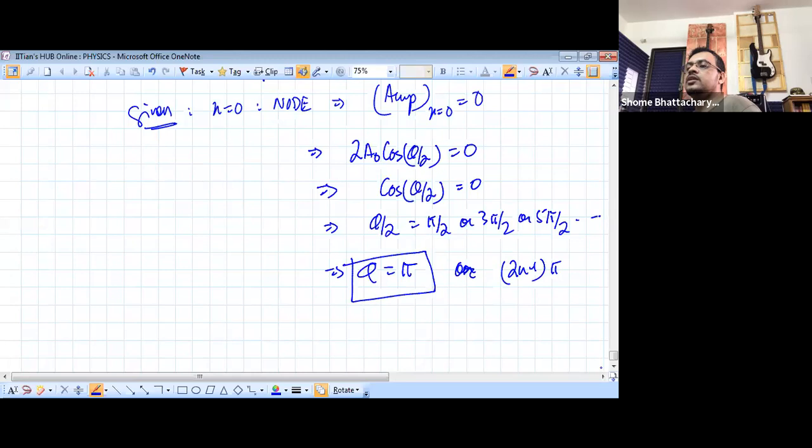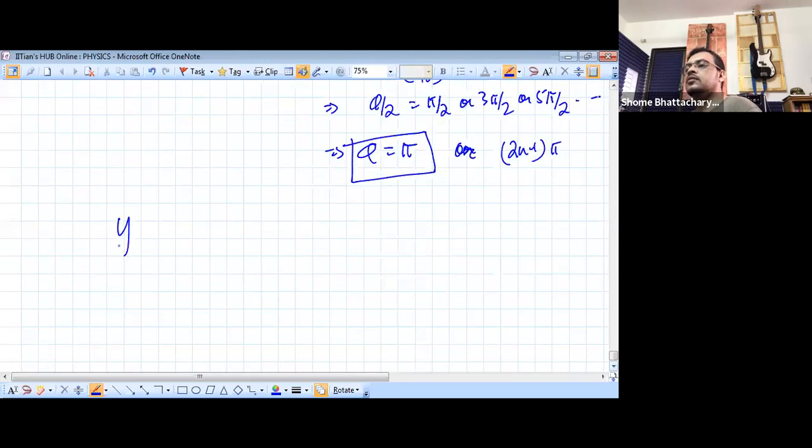And given that, now our standing wave equation will become 2a naught sine kx plus pi by 2 cos omega t minus pi by 2.